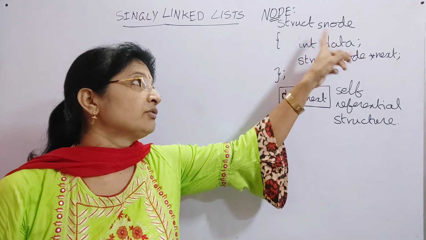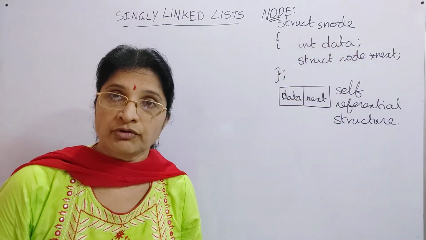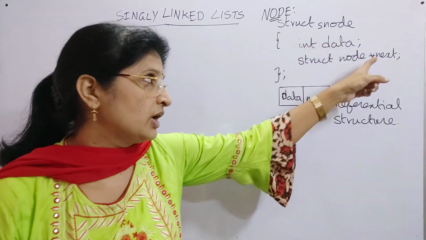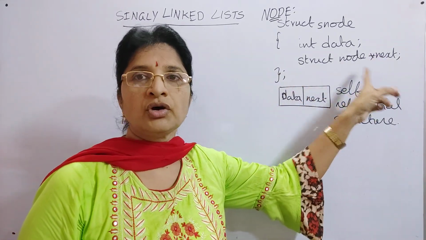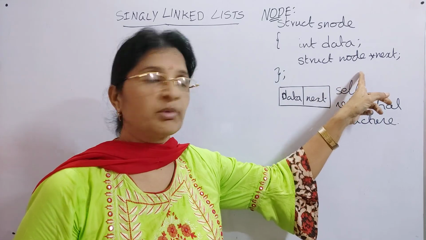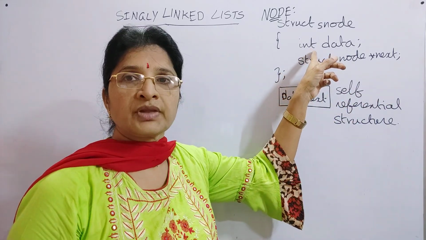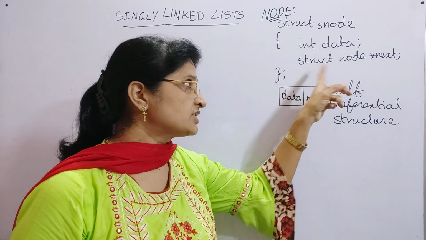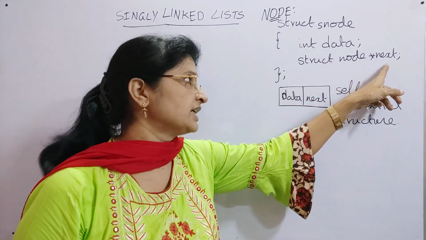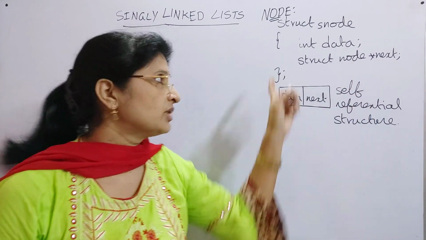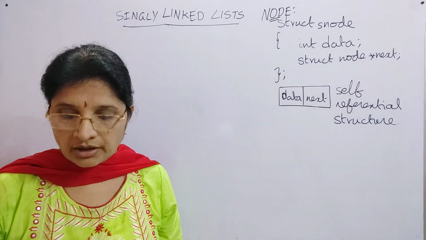If you ask what is the data type of next, it is nothing but struct node. Suppose int is a predefined data type, but here struct node is a user defined data type. So this is how we can define the structure node.